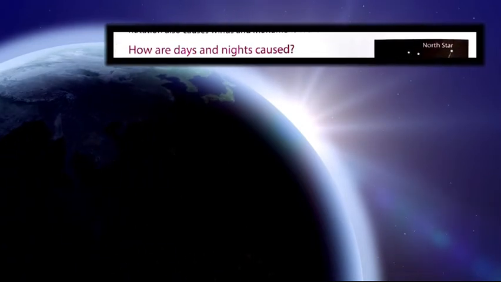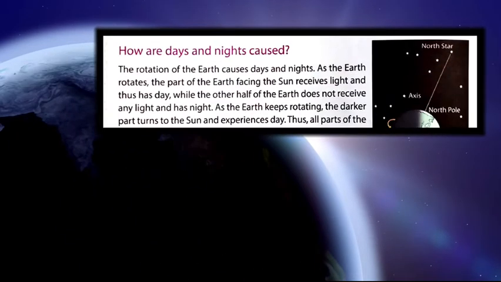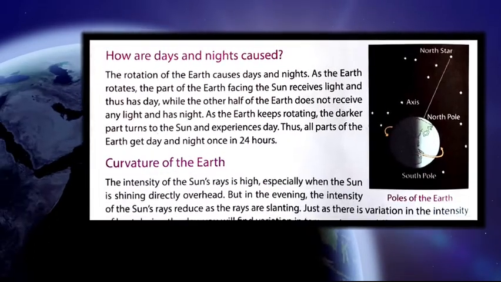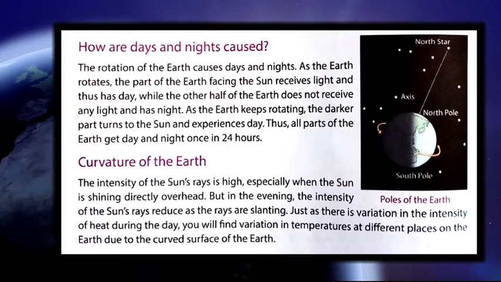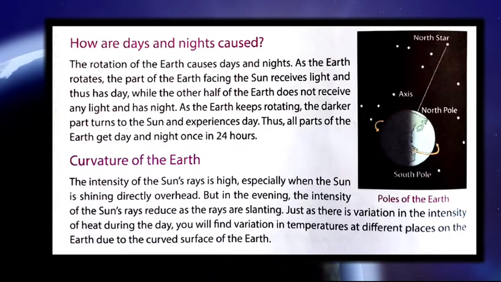Your next topic is how days and nights are caused. If you see in the picture, the light area is day and the dark area is night. See, the rotation of the earth causes days and nights.